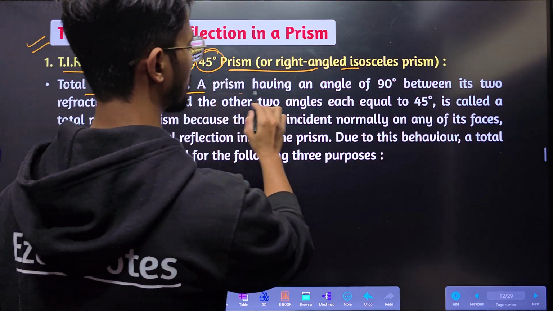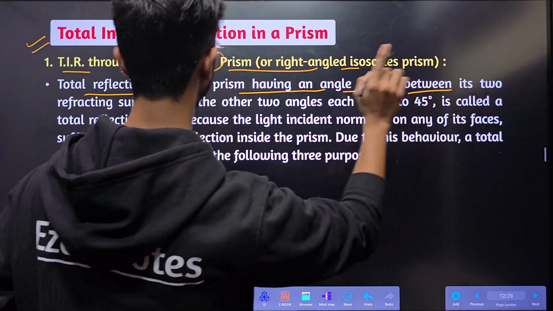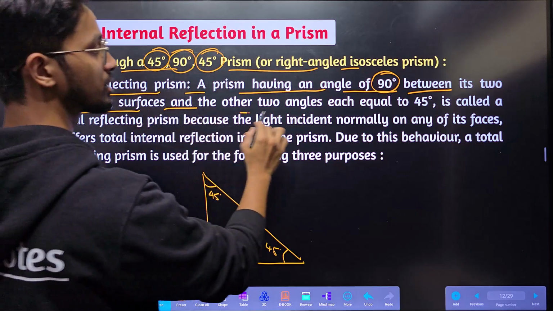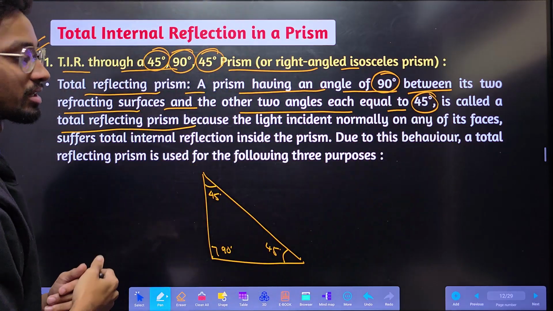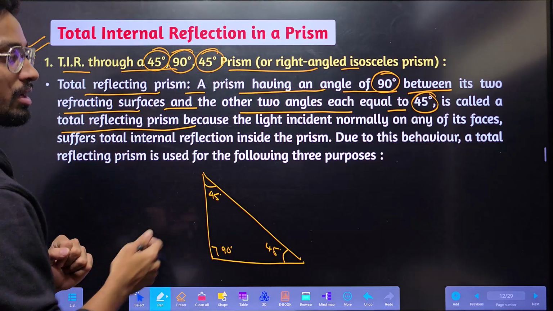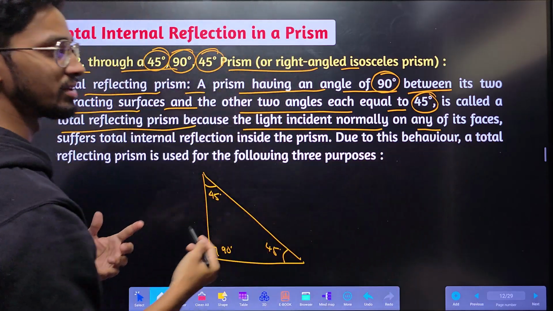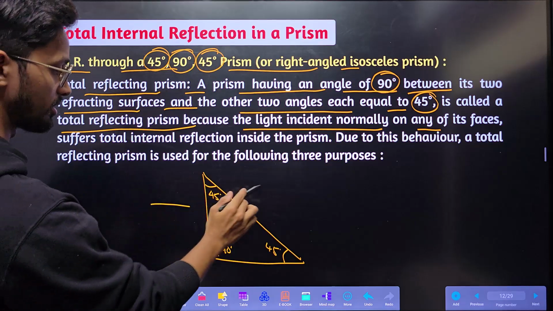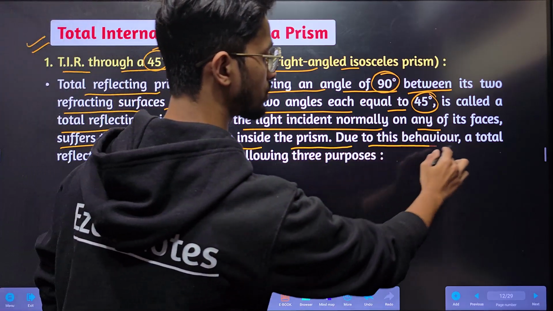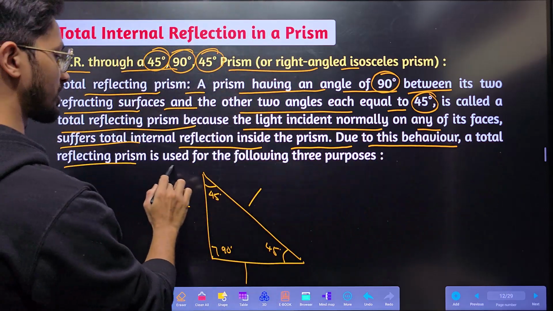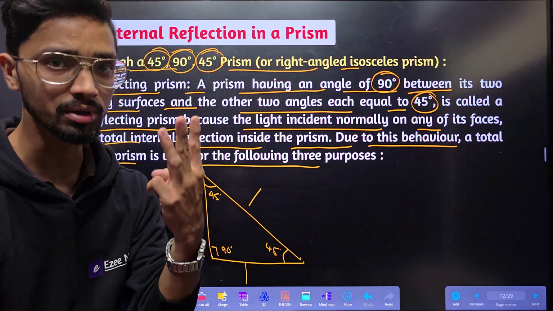A total reflecting prism is a prism having an angle of 90 degrees between its two reflecting surfaces, with the other two angles equal to 45 degrees. It is called a total reflecting prism because light incident normally on any of its faces, here, here or here, suffers TIR inside the prism.